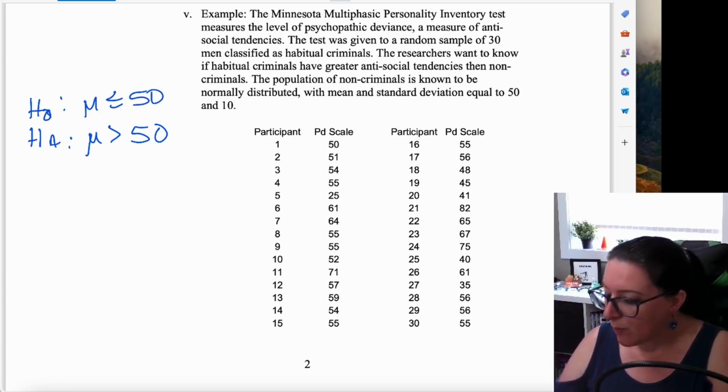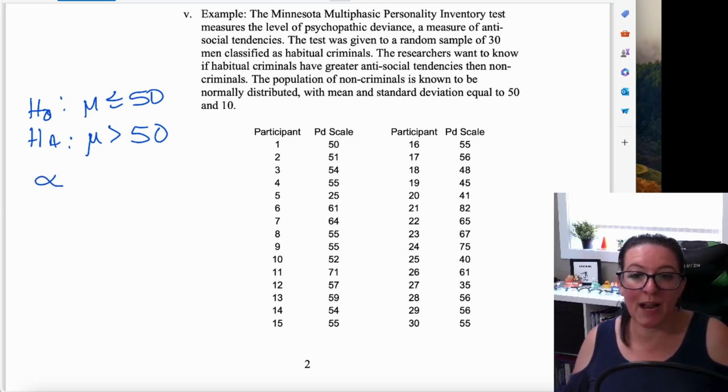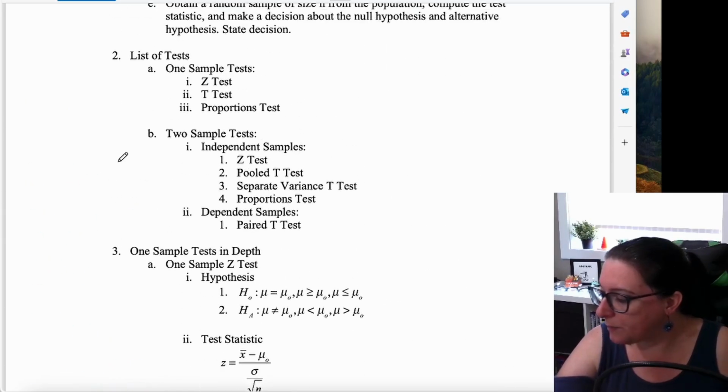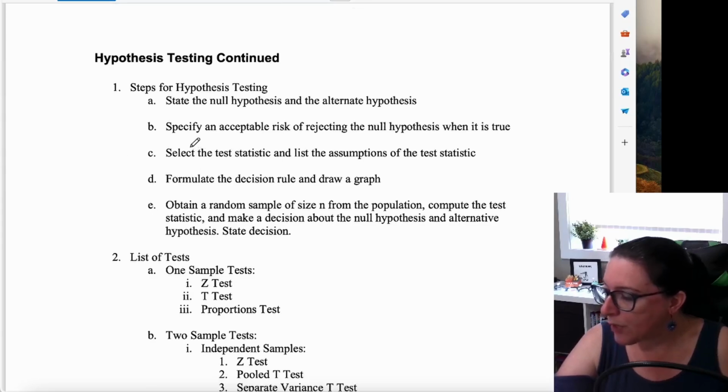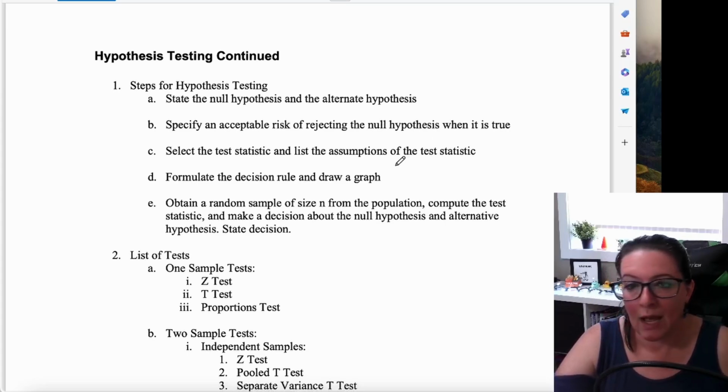The next thing we want to state is the level of significance, the type 1 error. How much error are we willing to allow? And recall that when we talk about type 1 error, we are talking about rejecting the null hypothesis when it is true. And we talked in our previous video about alpha versus beta.